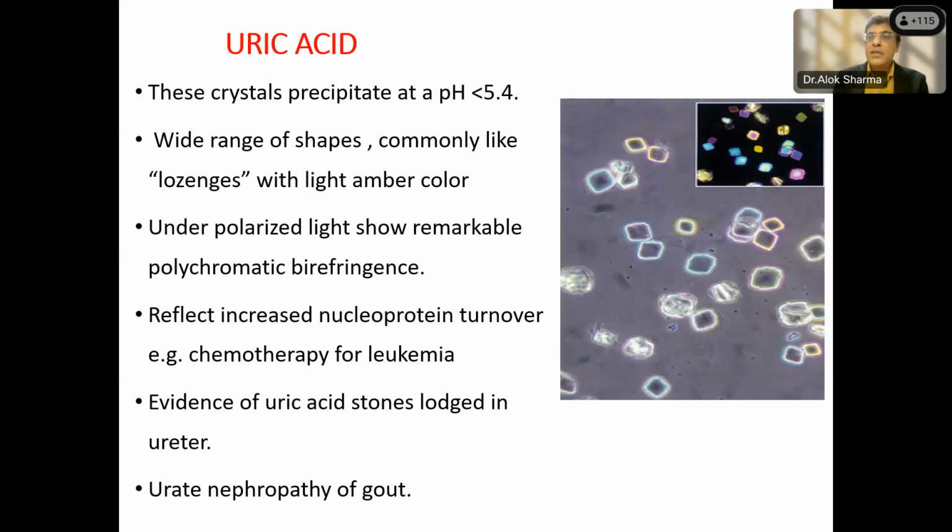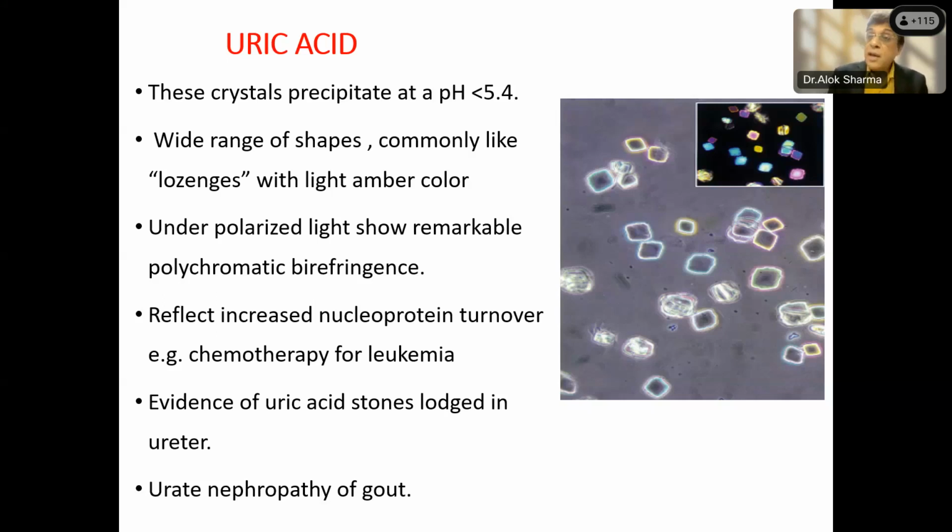The importance of identifying uric acid is that it is a marker of increased nucleoprotein turnover. For example, patients having tumors or who are undergoing chemotherapy for leukemia and various other disorders will have an increased amount of uric acid crystals in urine. Of course, there are the various primary conditions of hyperuricosuria, and other conditions you should also remember.